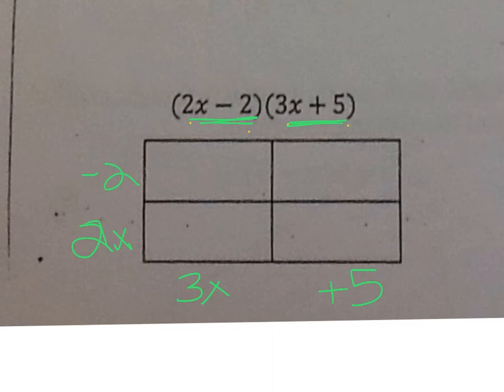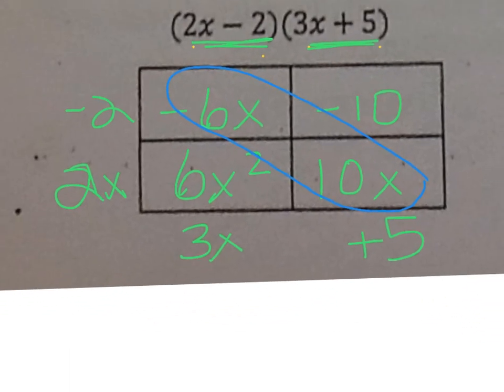So then we're going to go ahead and do our multiplication. 2x times 3x is 6x squared. 3x times negative 2, negative 6x. 2x times 5 is 10x. And 5 times negative 2 is negative 10. Then we're going to go ahead and look for our like terms. They're right here in the middle.